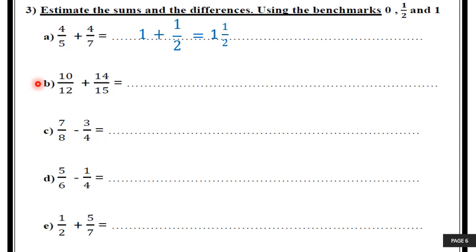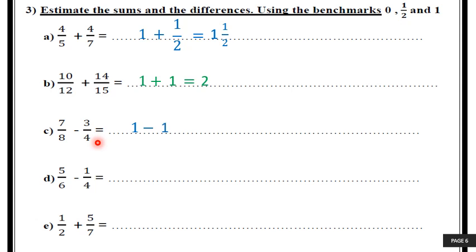10/12 is close to 1. And also 14/15 is also close to 1. So I will make 1 plus 1 equals 2. 7/8 minus 3/4. 7/8 is close to 1. And 3/4 is also close to 1.